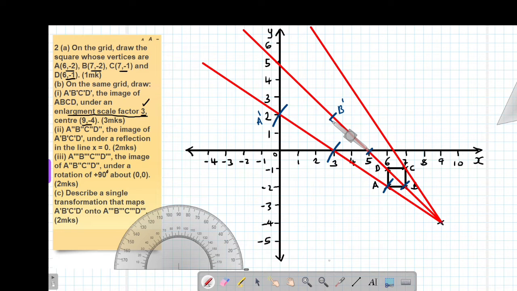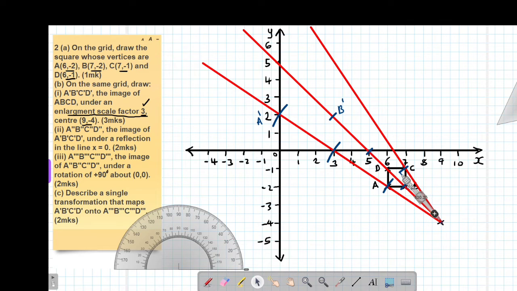Then we move to point C. We perform the same procedure for point C. So I'm going to take my compass to the center of enlargement. So this is my center of enlargement. Then I'm going to elongate my compass such that it reaches this particular point C. Once it is there, I'm going to make an arc.